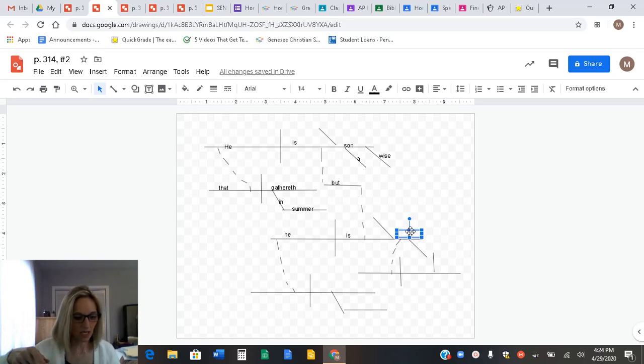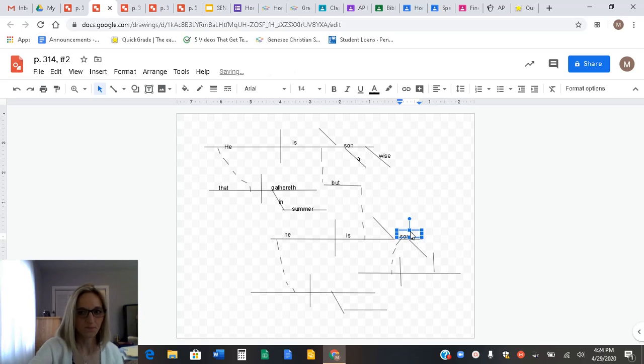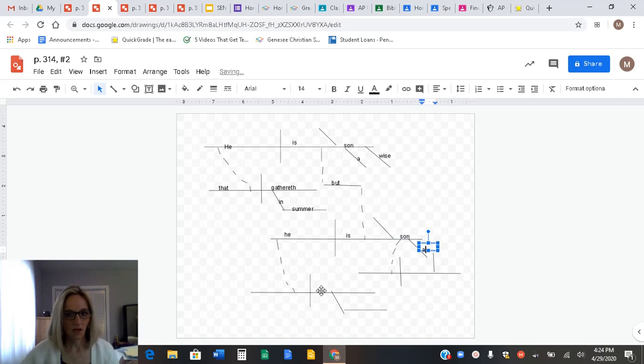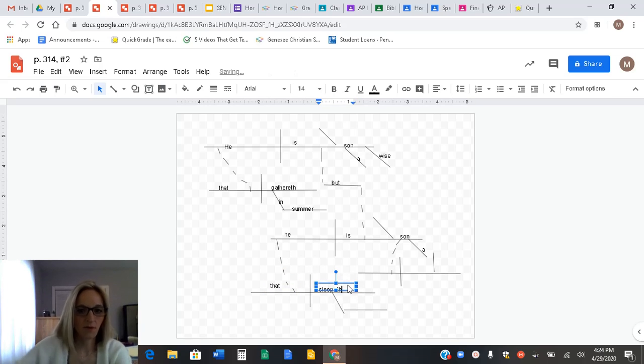So let's do the independent first. He is son. Okay. Now, what is describing he, right? That sleepeth, right? So that's going to go here. He that sleepeth, what is it? In harvest.